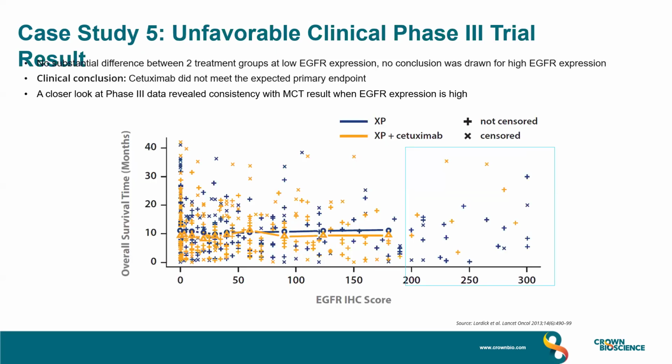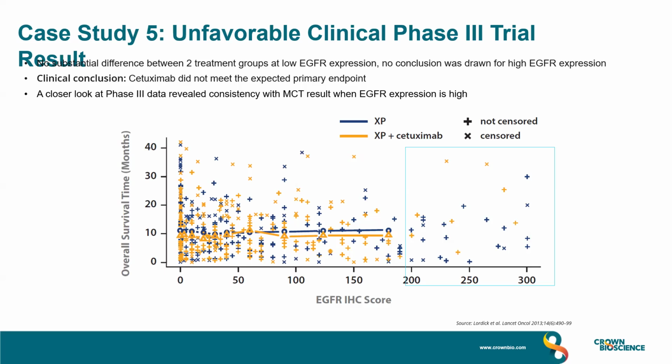In a further phase 3 randomized trial, which was an open label trial for advanced gastric cancers, again looking at cetuximab, it was concluded that there was no benefit for the addition of cetuximab.